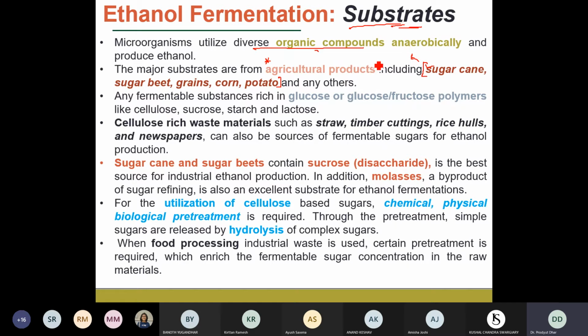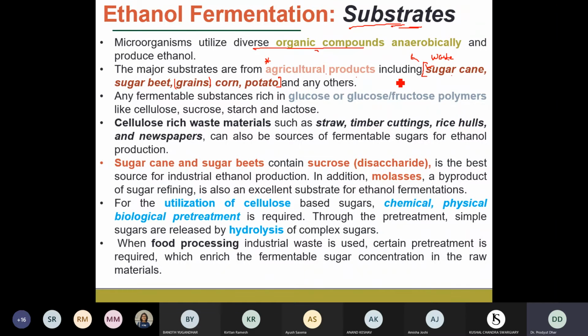So whenever we talk about these agricultural products, we had already talked about the waste from them, which comes from sugarcane, sugar beet, and grains. The grains generally have the husk. The corn has a lot of unused part after the corn has been removed. Then we have the potato waste from the potato industry.